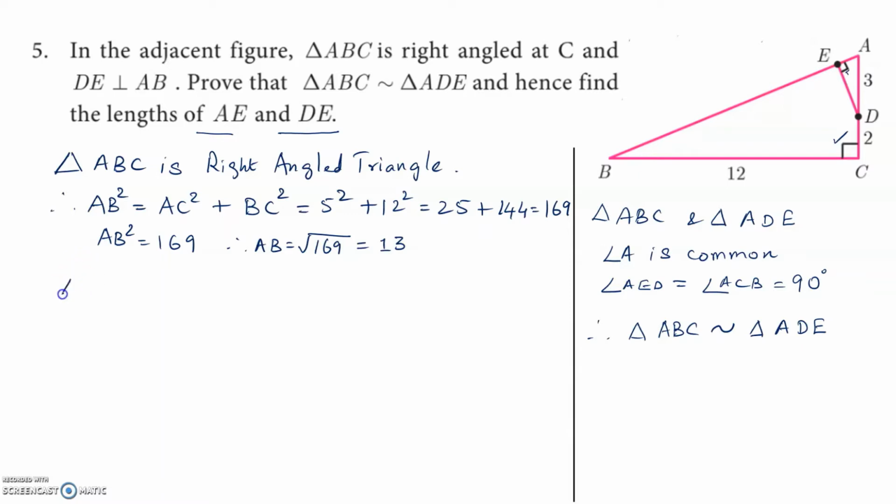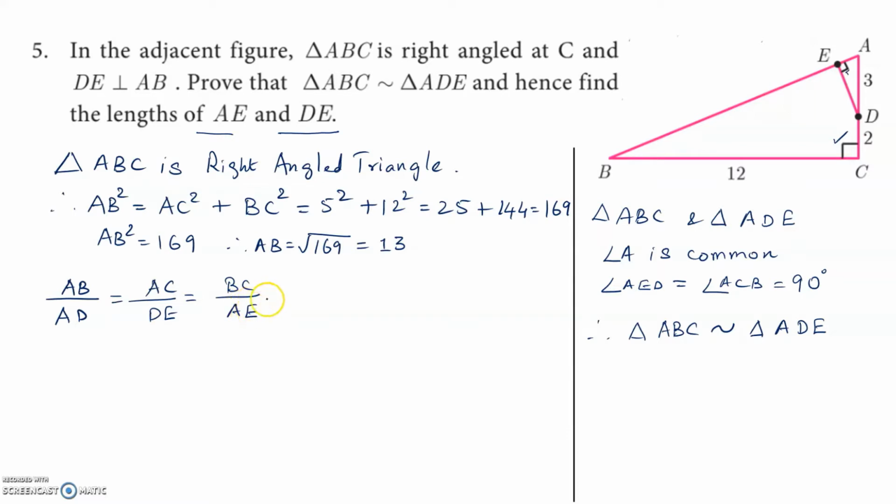So I can say that AB over AD is equal to AC over DE, that's equal to BC over AE.